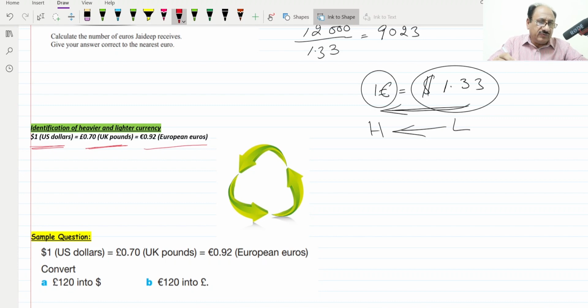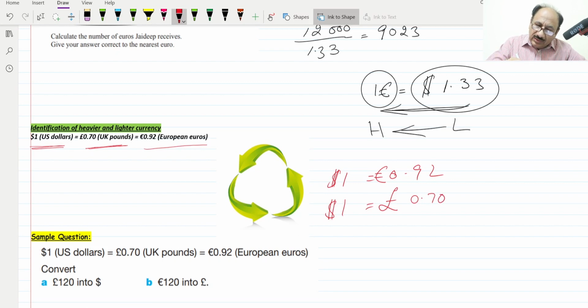In this type of situation you can also identify it like this. For example, $1 is giving you 0.92 European euros, right? And $1, if we are converting into pounds, is giving you 0.70 pounds.